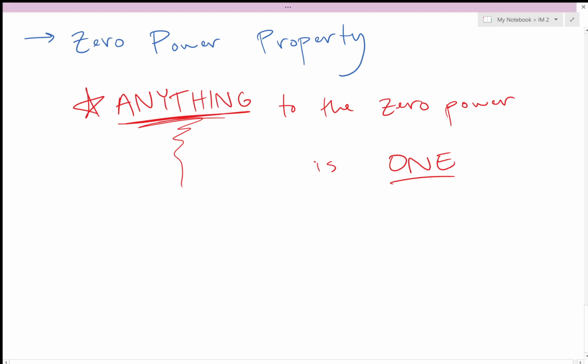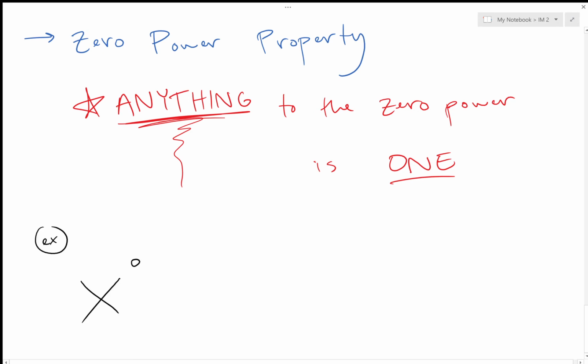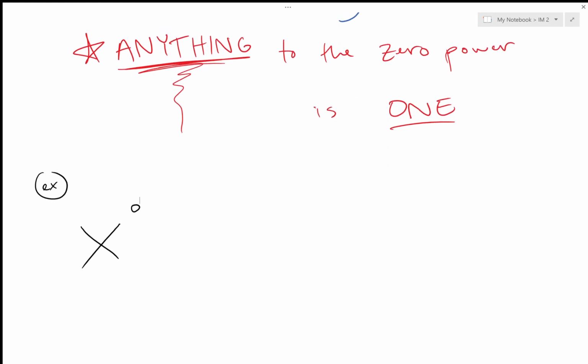So let's see. For example, if you took x to the zero power, doesn't matter what the base is. Once that exponent is 0, this answer is 1. Even if the base was a number, if it was 3 to the 0 power, anything to the 0 power is 1. It really doesn't matter.